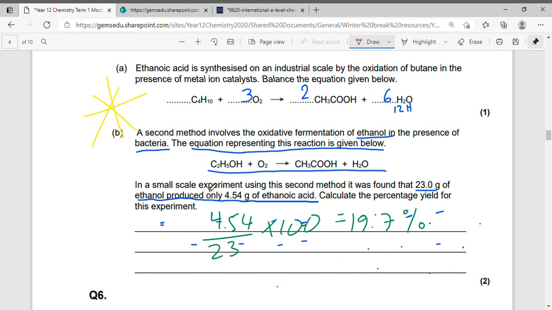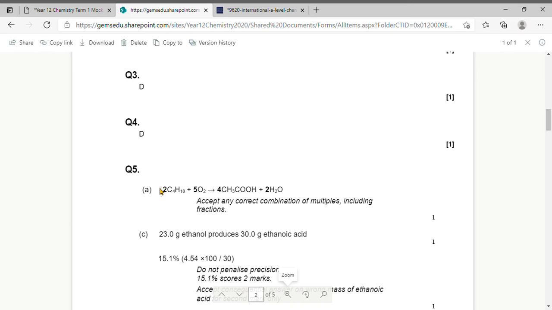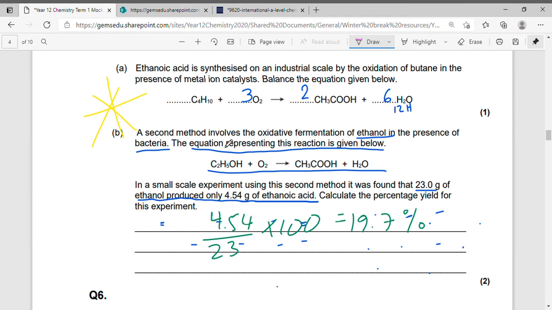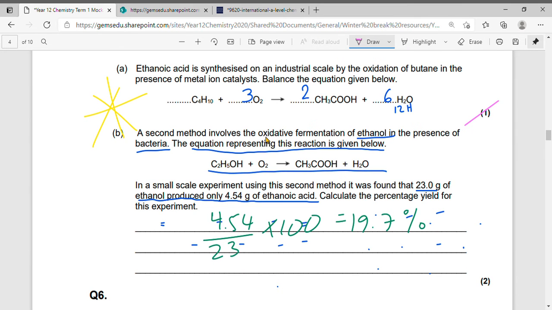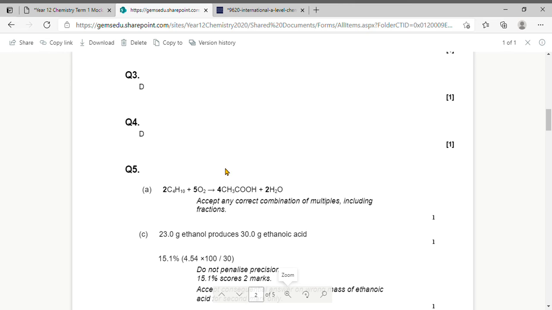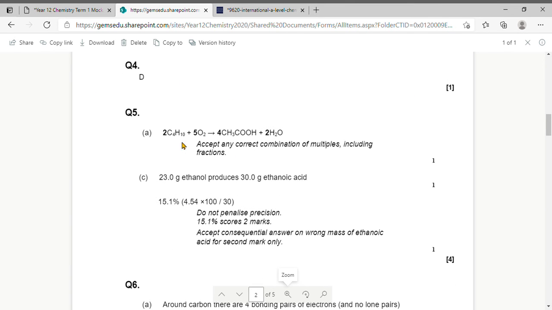Uh-oh, question 5A, we didn't get around to doing it. 2, 5, 4, 2. This is wrong. 2, 5, 4, 2. Question 5B. No question 5B. Why is that?